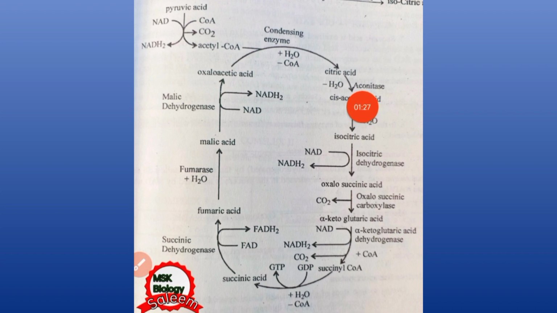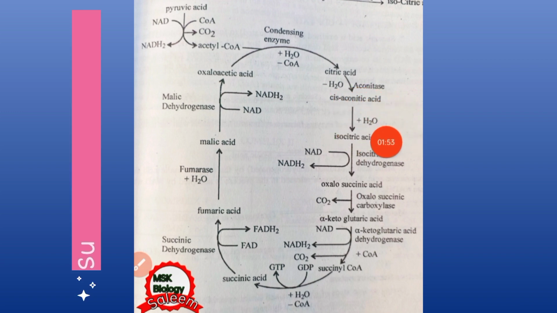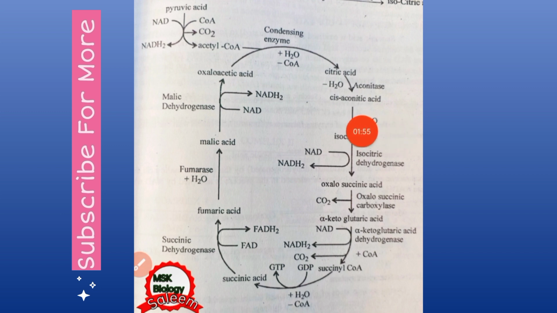Citric acid loses one molecule of water and is converted into cis-aconitic acid, a 6 carbon molecule. The water molecule then reacts spontaneously with cis-aconitic acid, that is, addition of water, and cis-aconitic acid is converted into isocitrate.